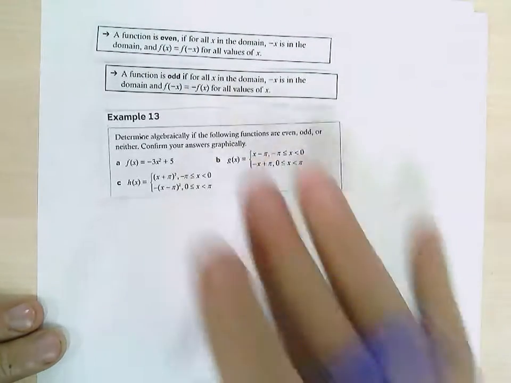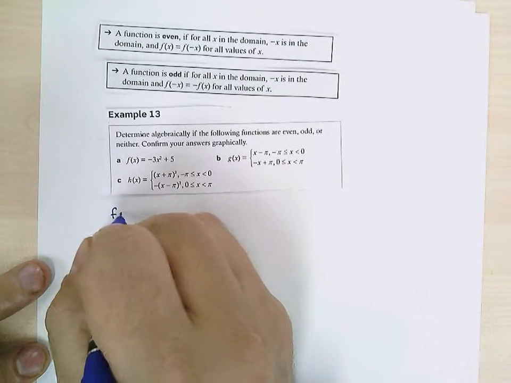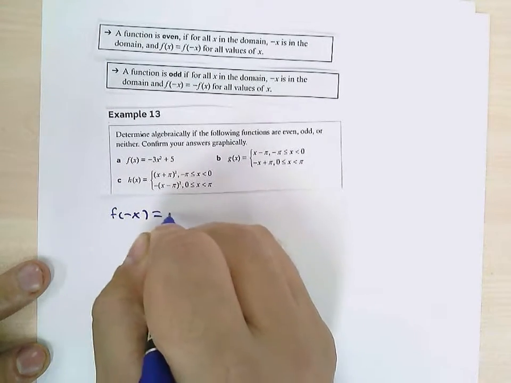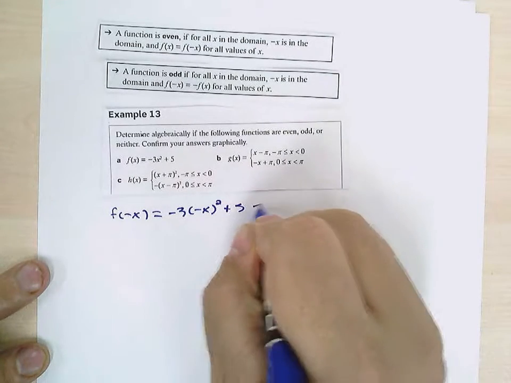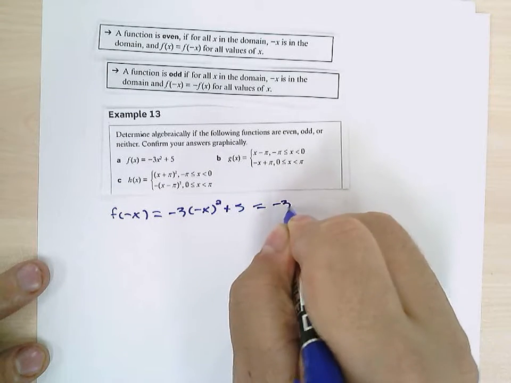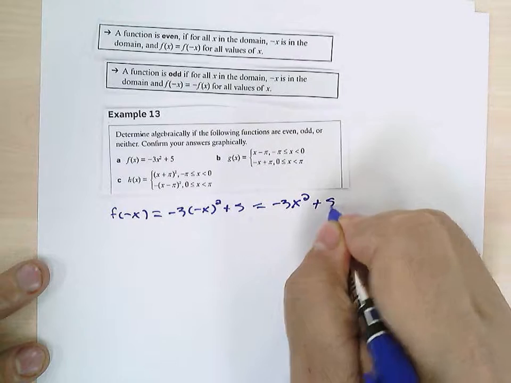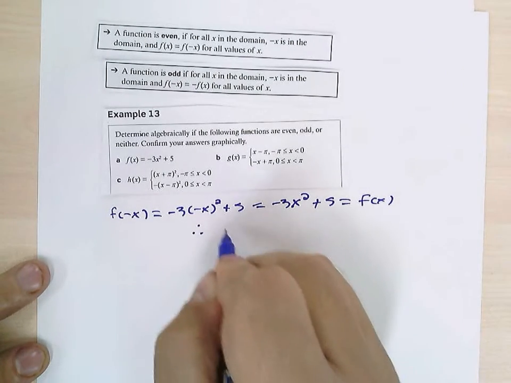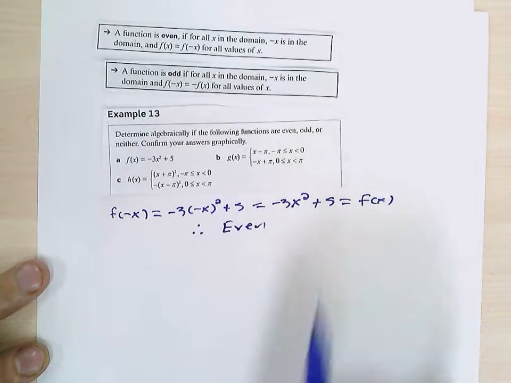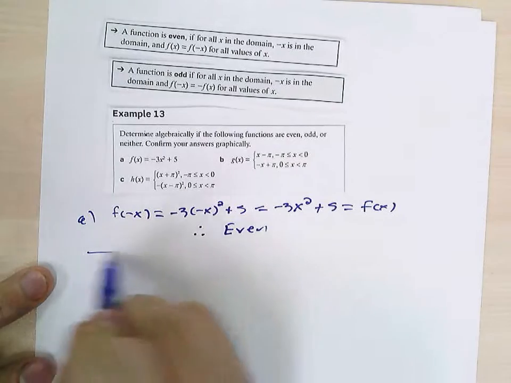But it's possible that it could be neither. So we'll start with the first one, a. f of negative x is equal to negative 3 times negative x squared plus 5, which is equal to negative 3x squared plus 5, since that becomes a positive, which is equal to f of x. Therefore, even. Good?